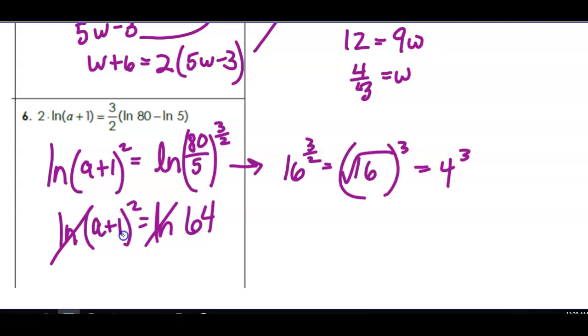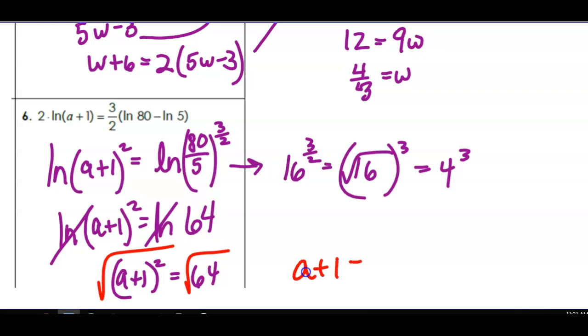You could also FOIL this hot mess out and do a plus 1 times a plus 1. But I think I'm going to take the cheater route here, or the short route, and square root both sides. So I get a plus 1 equals, but you have to write plus or minus 8.